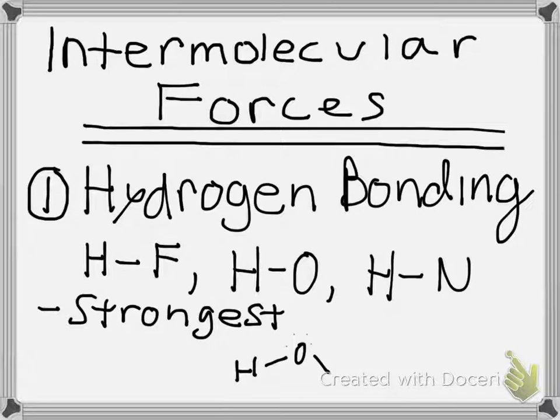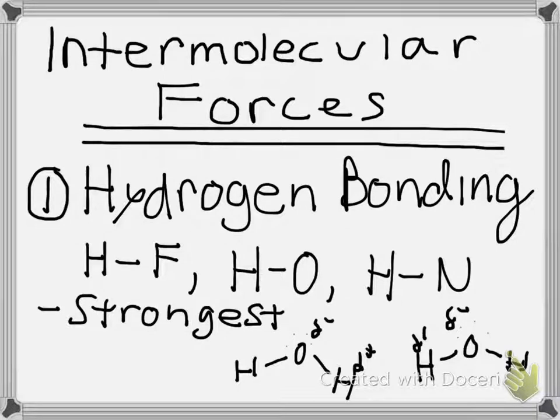Alright, so this oxygen is more electronegative than this hydrogen here and this hydrogen here. So this hydrogen is going to have a partial positive, and this right here is going to have a partial negative. So when you have another water molecule, you also have the oxygen with a partial negative and the hydrogen with a partial positive.